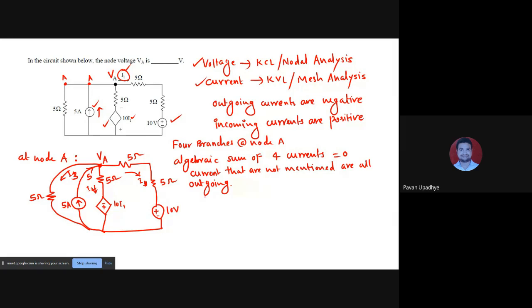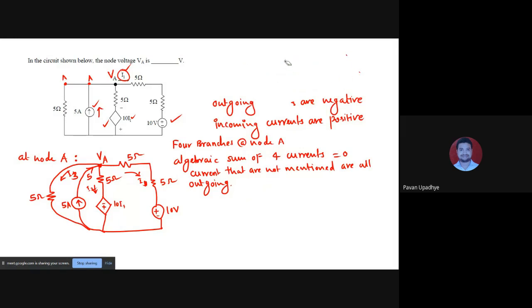So at node A, when I start applying the Kirchhoff current law or nodal analysis, I should write the equation as follows. Look at this carefully. I3 is moving away, so minus. 5 ampere is incoming current, so plus.